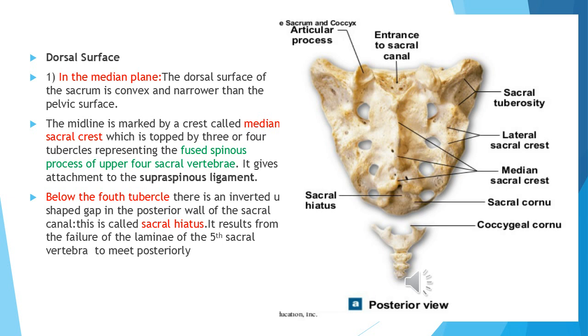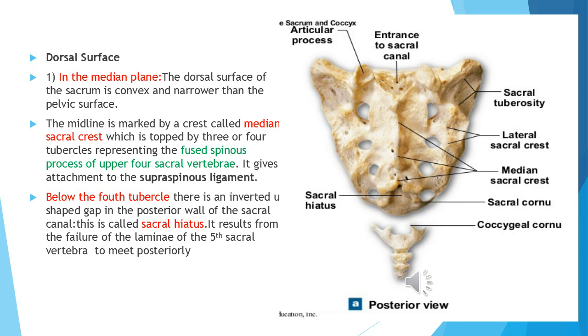It is due to the failure of the fusion of the laminae of the fifth sacral vertebra. They failed to meet posteriorly, so it produces a gap in the median aspect of the dorsum, known as the sacral hiatus.